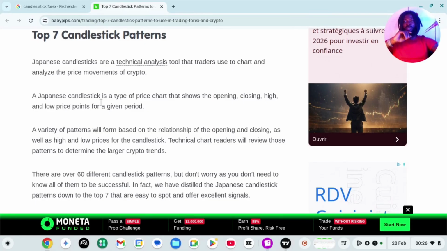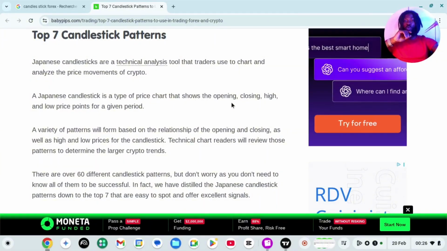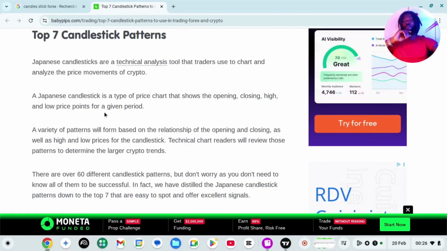A Japanese candlestick is a type of price chart that shows the opening, the closing, high and low price points for a given period.